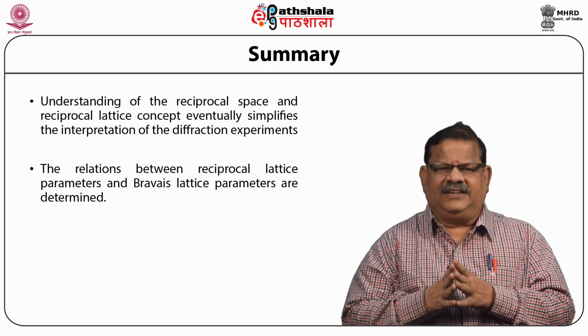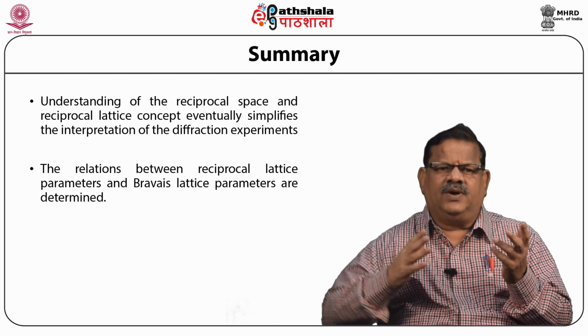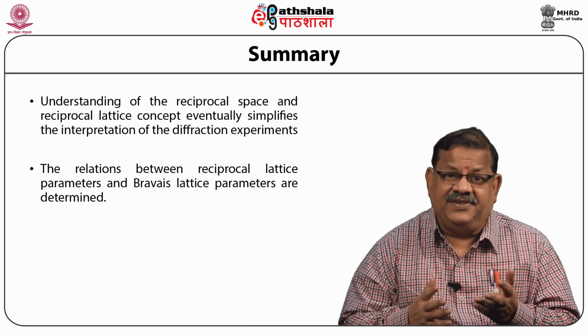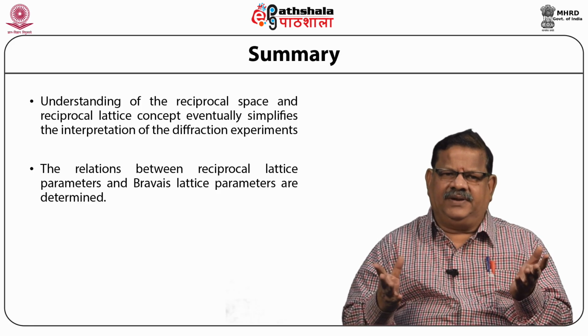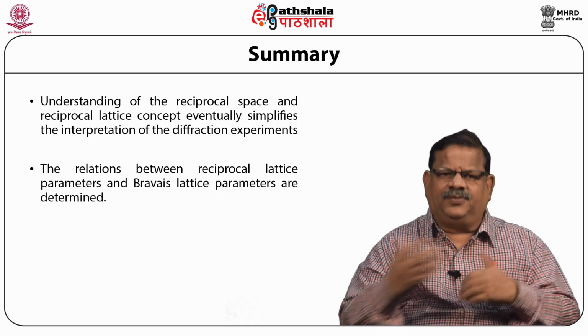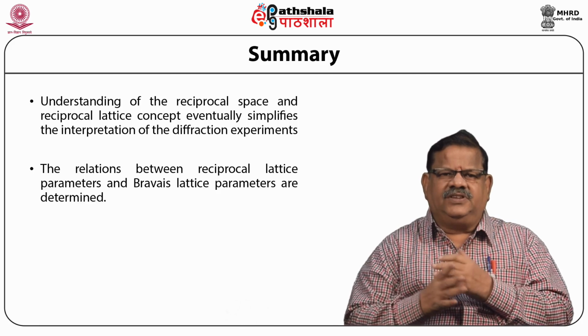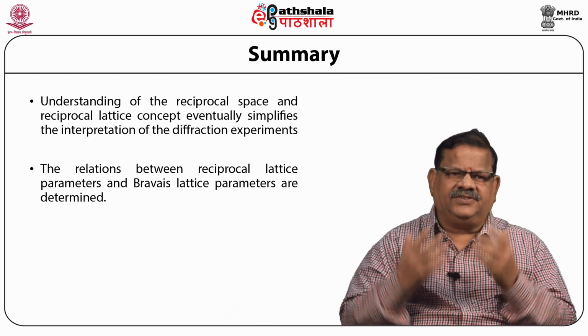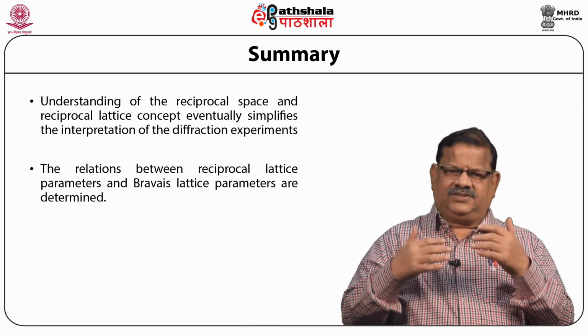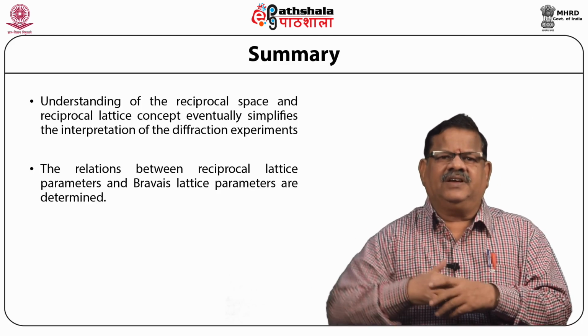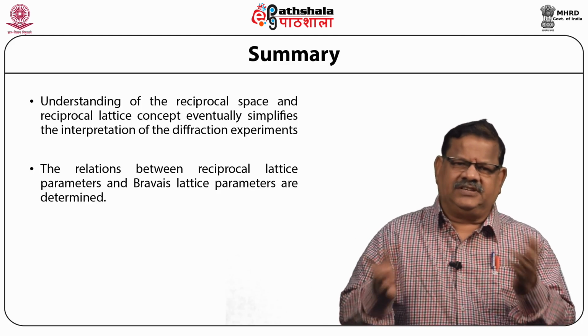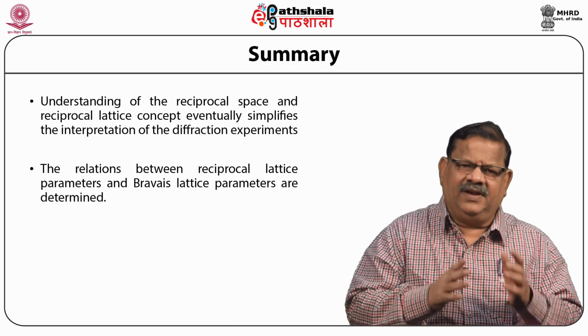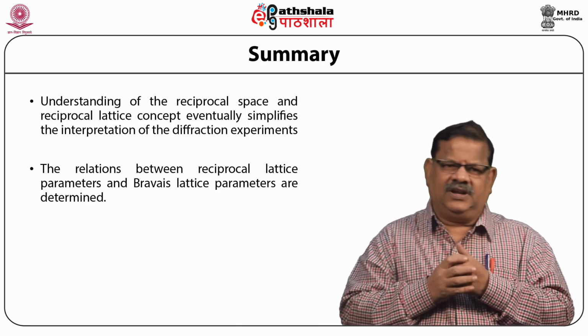When I say Bravais lattice parameters, that is generally your cell constants a, b, c and the 3 angles alpha, beta, gamma. When you talk about reciprocal lattice, this is defined by a star, b star, c star and alpha star, beta star and gamma star. Already we have seen the relations between these 6 parameters in the Bravais lattice and also in the reciprocal lattice.